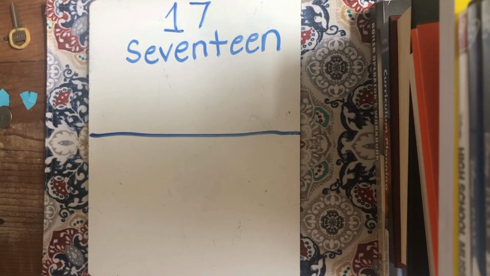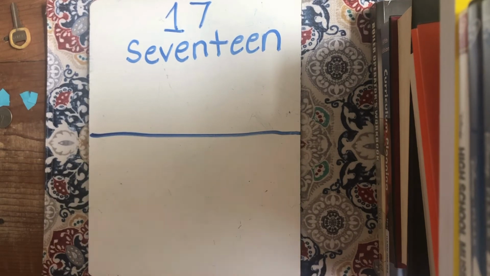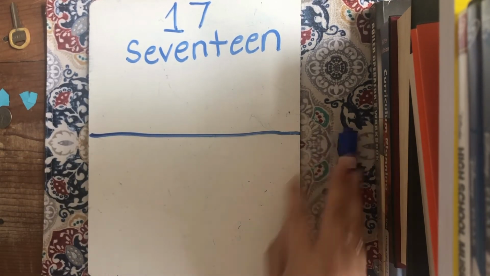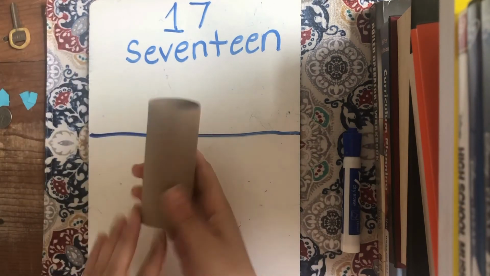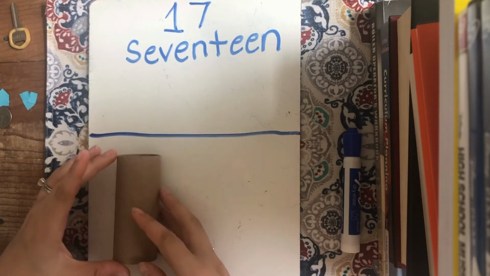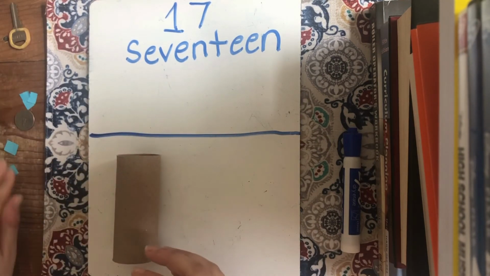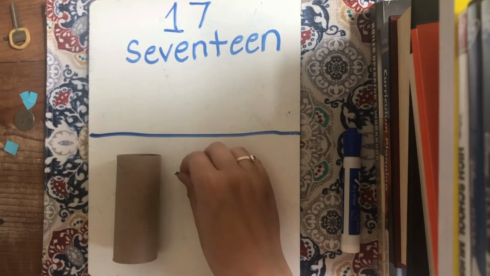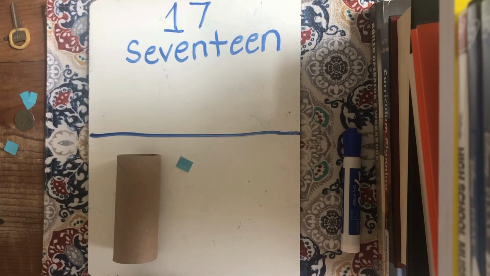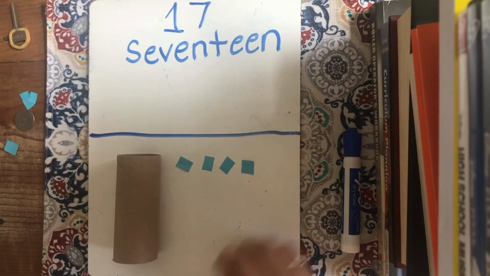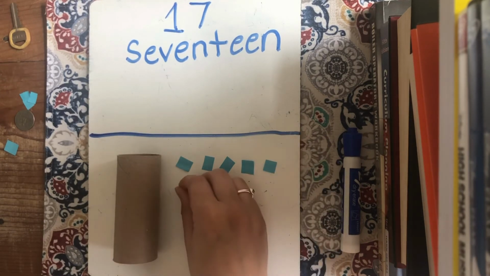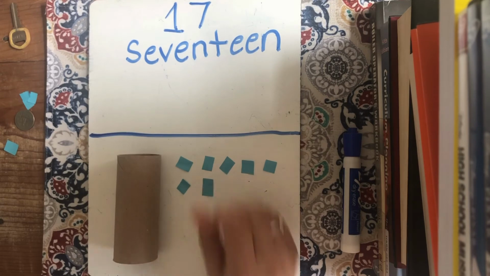We are going to show what number 17 looks like in place value form. So let's go ahead and get our toilet paper roll out, which represents a 10. And then our ones, which is our pieces of paper. So we've got 10, 11, 12, 13, 14, 15, 16, 17.